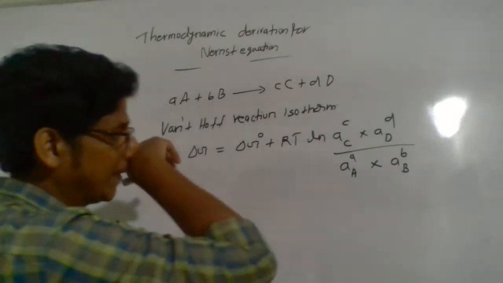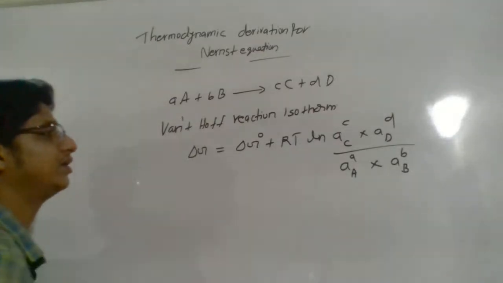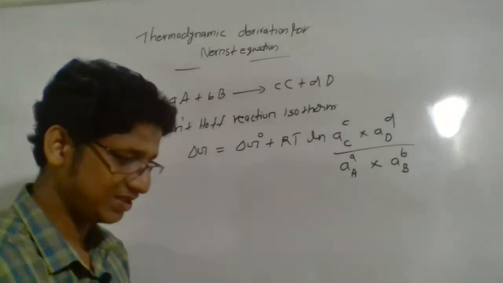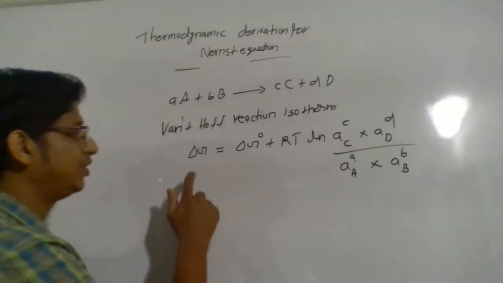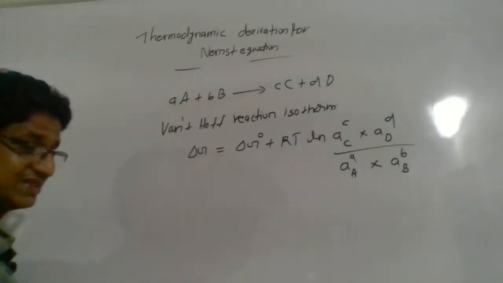So here we are trying to derive the Nernst equation. We know what delta G is, and we know what delta G0 is as well.